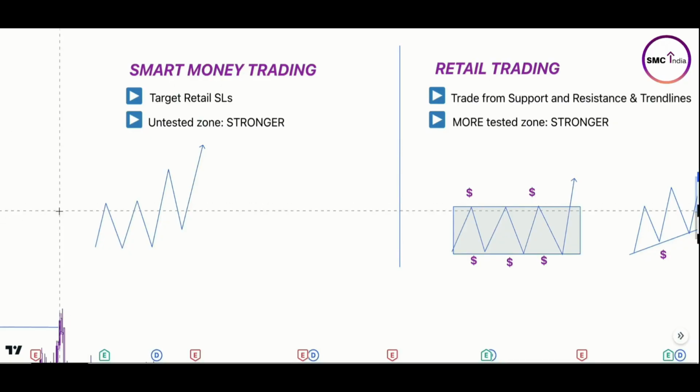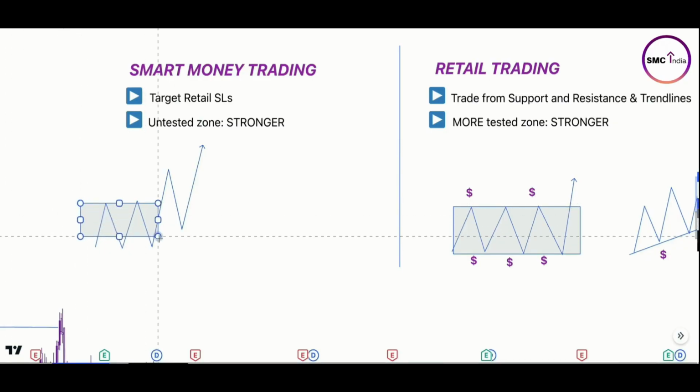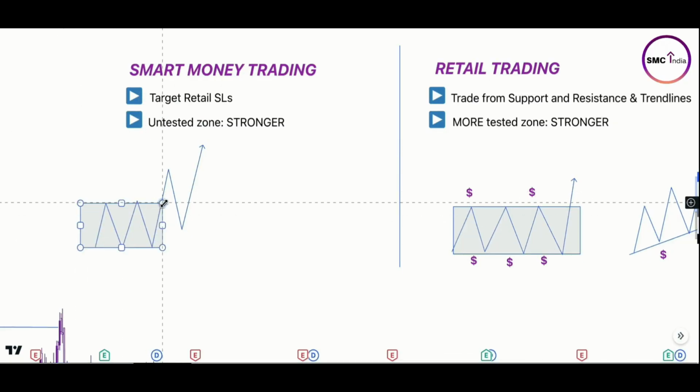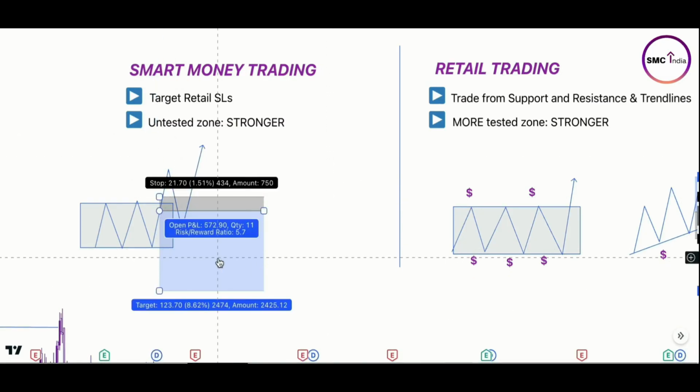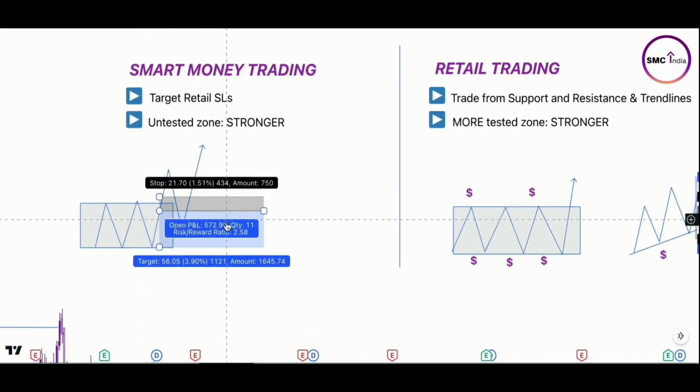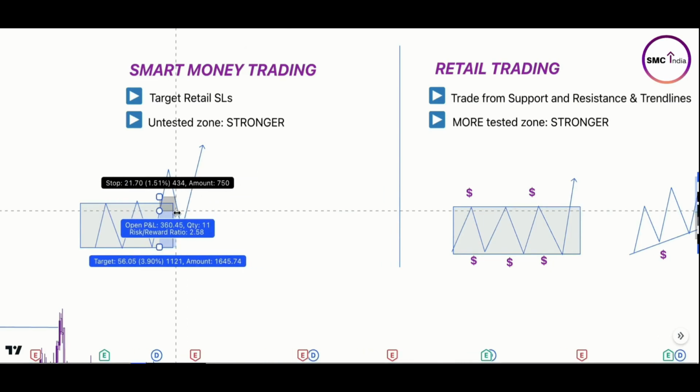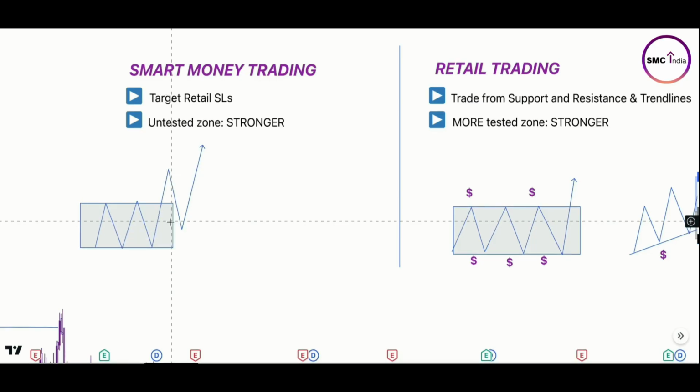So as a retail trader, what have you done is you put your trades here, you might have put your stop losses below it, you might have put your stop losses above it, targeting this level. What happens is that your stop loss got hit, and then comes your breakout strategy.